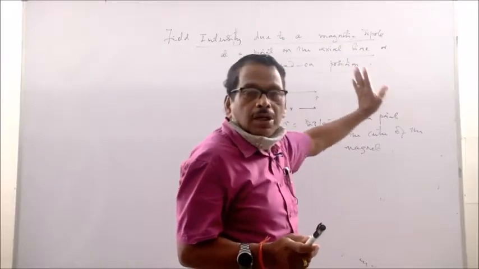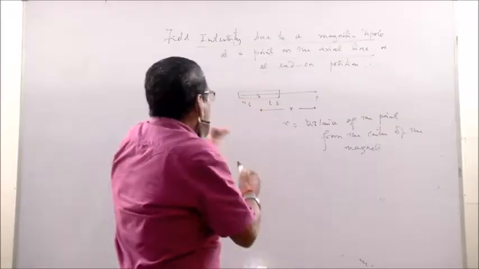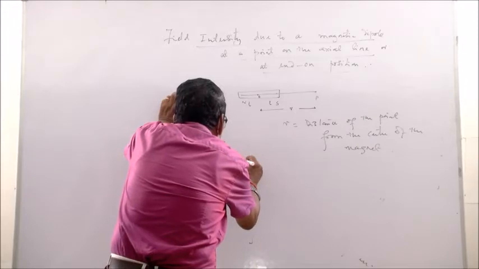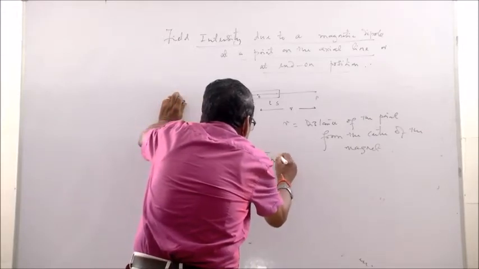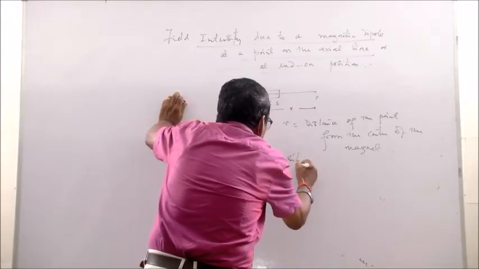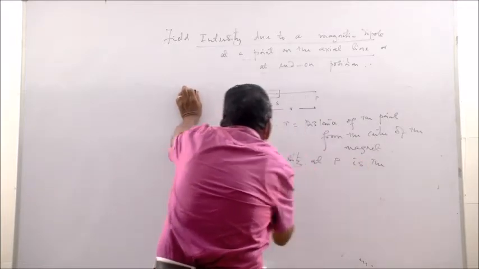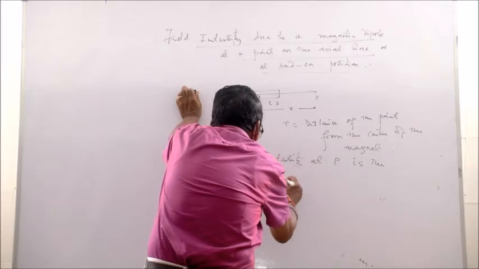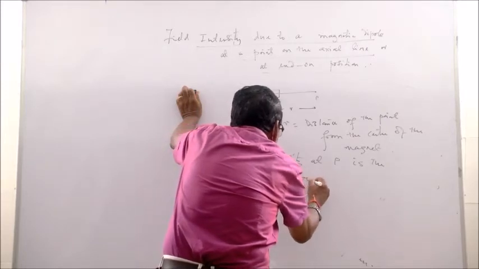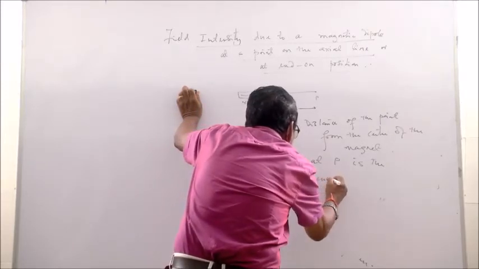Then what is the resultant force? So field intensity at P is the force experienced by, we have already explained field intensity.